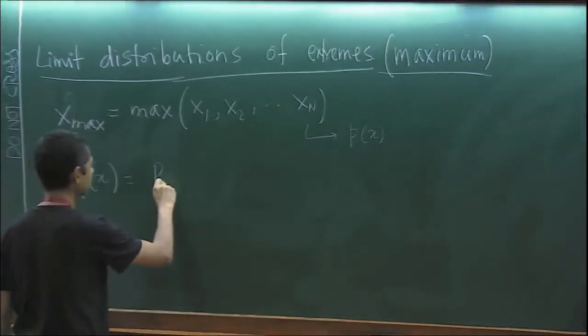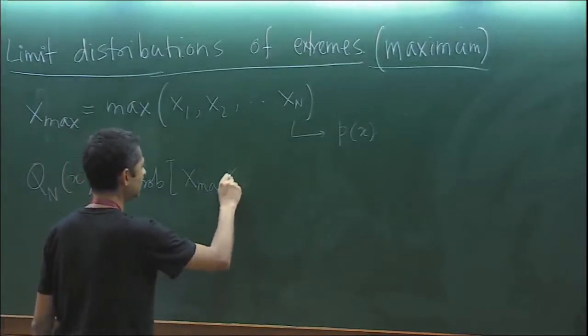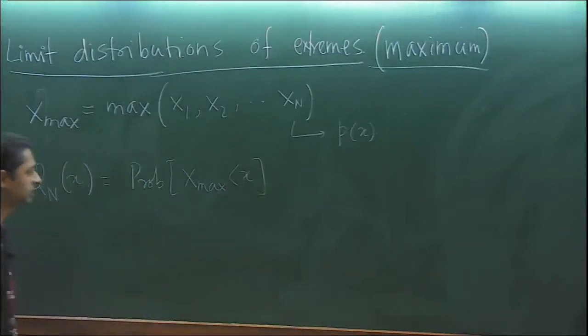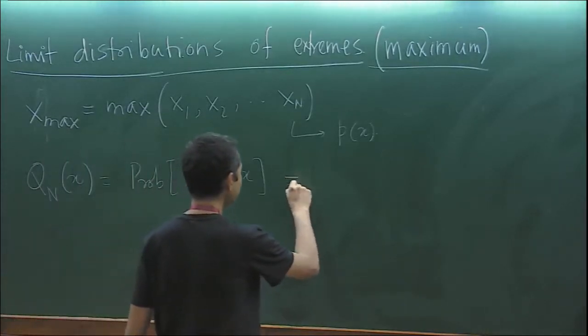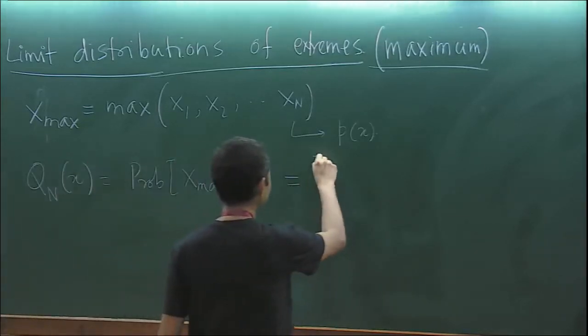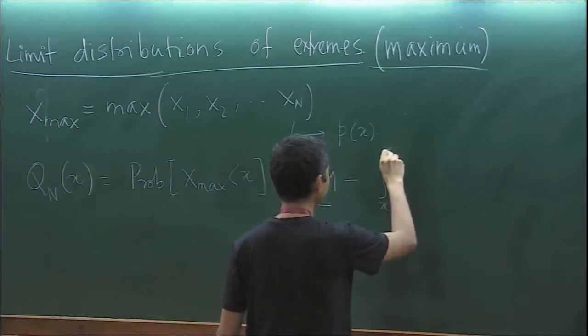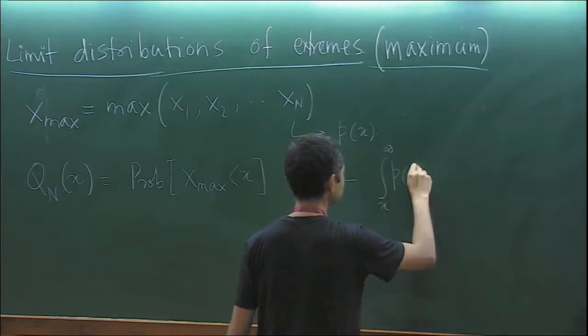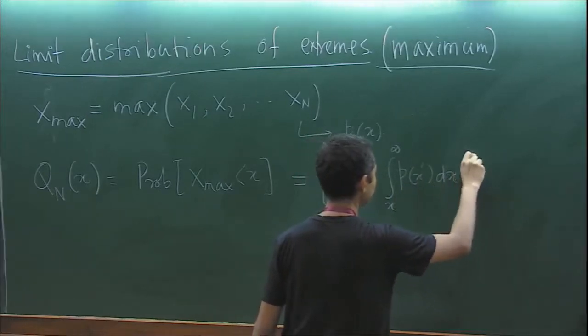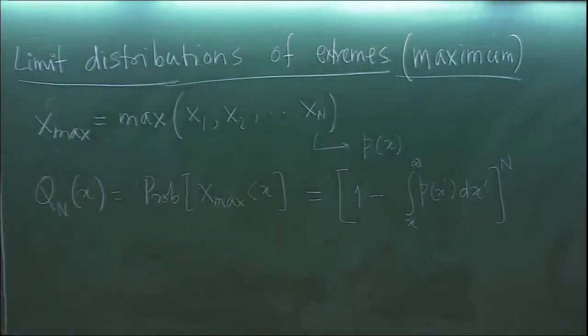That's the probability that this maximum is less than x. So this is the cumulative distribution of the maximum. And what we said is that for IID random variables, since these are all independent, you can write it as 1 minus the integral from x to infinity of p x prime dx prime, to the power n, right? So this is what we did.